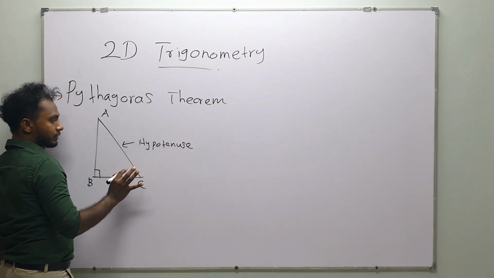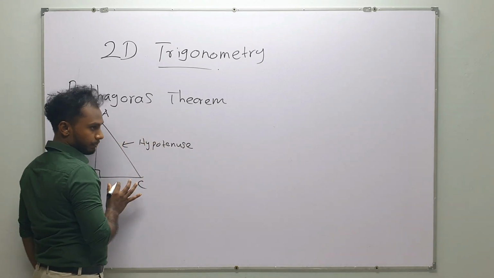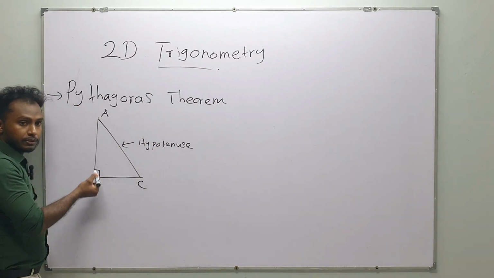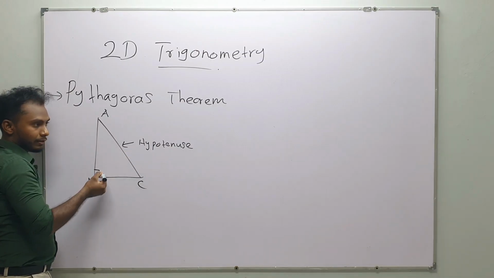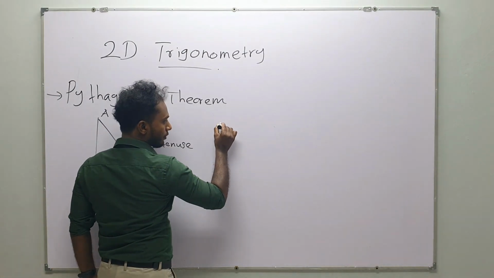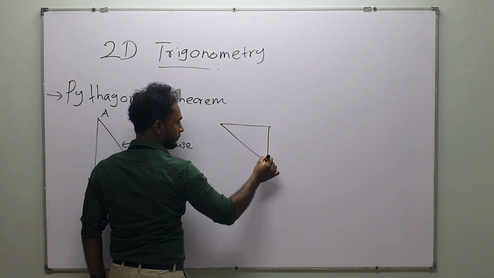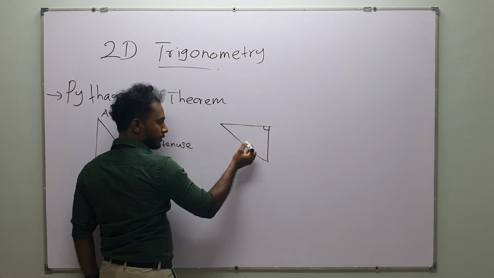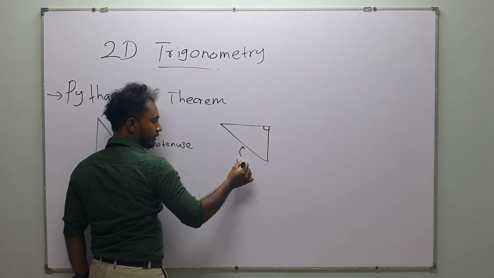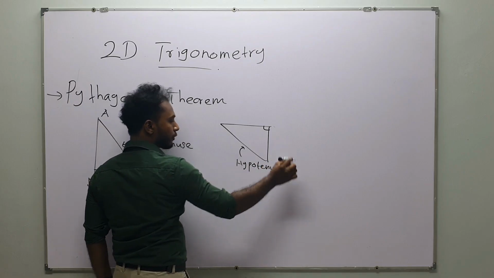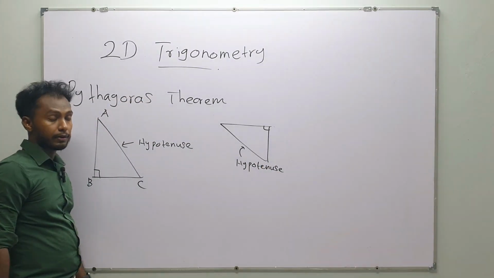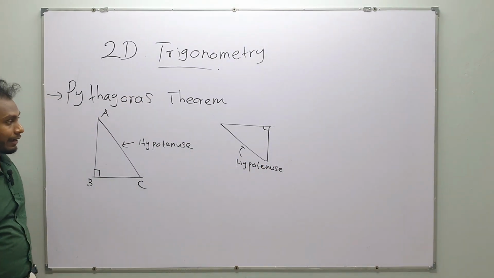This is the hypotenuse, and this side is not changing, and it is the longest side of this right angle triangle, and also it is always opposite to the right angle. No matter what the orientation of the triangle, if it is opposite to the right angle, this is the hypotenuse. So that's how you identify the hypotenuse of any given right angle triangle.